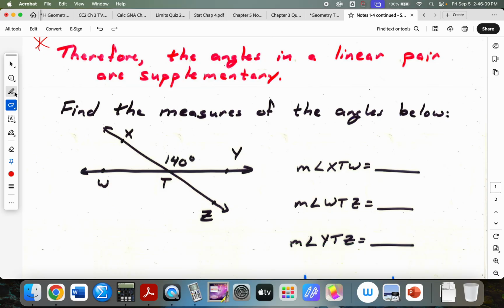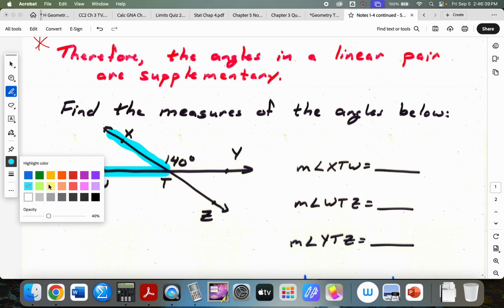Notice that they're asking us for angle XTW. I know you don't necessarily have highlighters with you, but let me show you. I'm going to outline that angle. Okay, and now I'm going to switch colors.